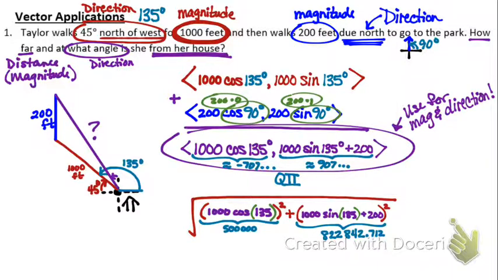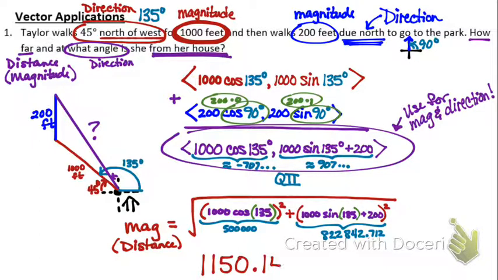And we're using this to find our magnitude, which is going to be my distance. So after you square root that whole hot mess, what do we get? 1,150 point. Yep, 150. Or 149, I'm not going to get picky about the last digit.